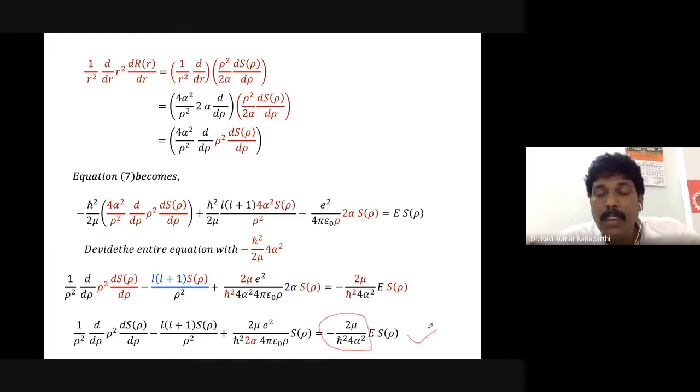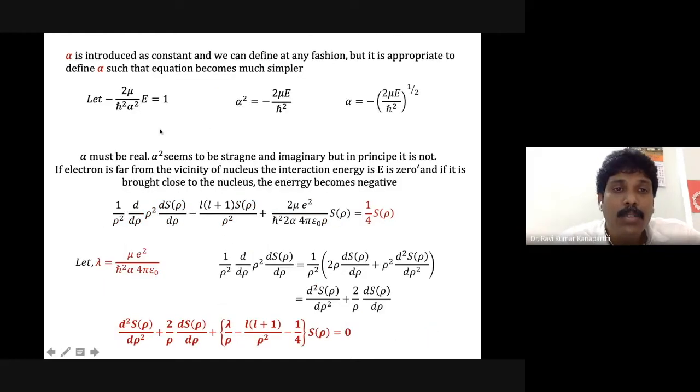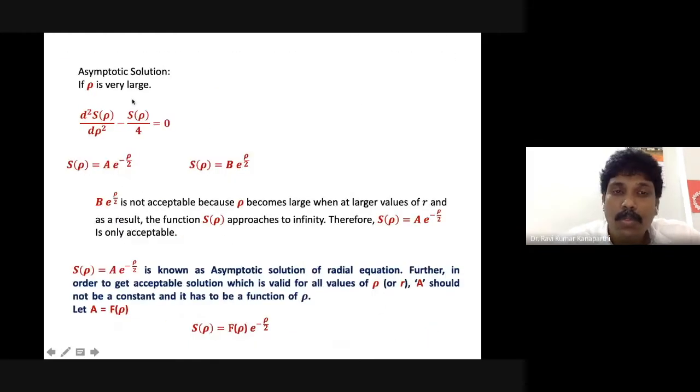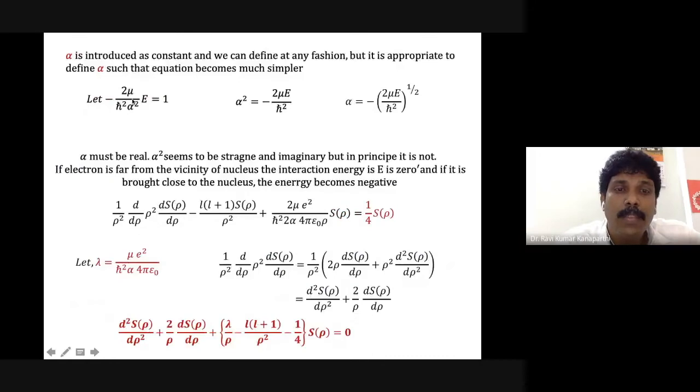So now, how do I define it? I will define it such that this radial equation looks much simpler and is simpler to handle. So I define minus 2μ/ħ² α² E equal to α.